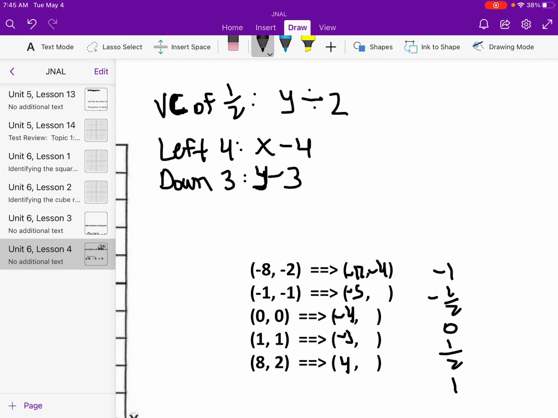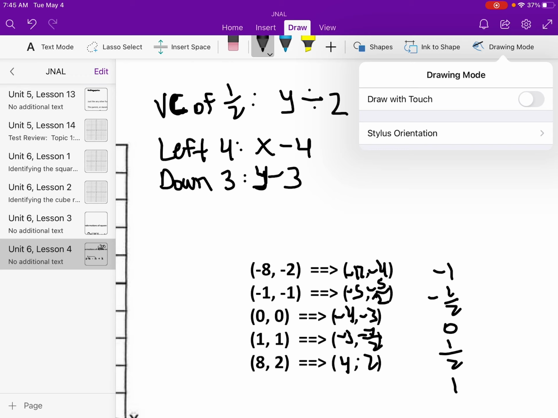Negative 1/2 minus 3 would be negative 5/2. 0 minus 3 is negative 3. Negative 3 minus 1/2, putting it in fraction form, would be negative 7/2. And 1 minus 3 is negative 2. That looks messy. I don't like that there are fractions in the coordinates, but that's just how it is.